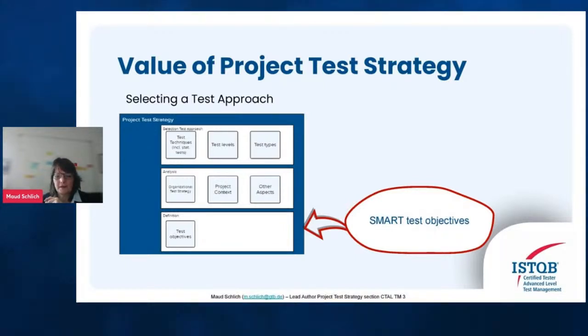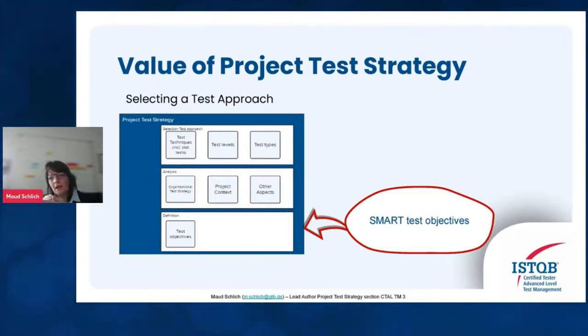It's specific. So it's very much on the point what you should do, what should have been done at the end, what should be the outcome. Measurable means you can really have some figures on it telling you if it's fulfilled or if it's not. It should be attractive.